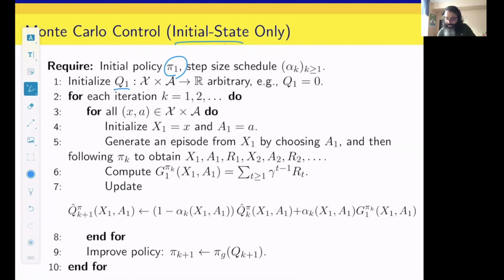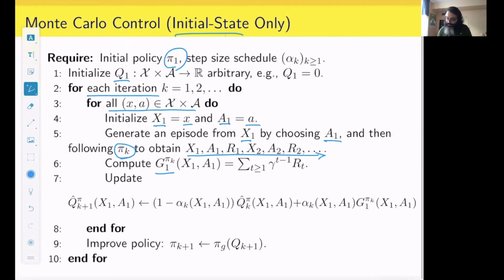For each iteration k, for all state-action pairs, I initialize X1 equal to x, A1 equal to a, and generate an episode from X1 by choosing A1 and then following pi k, to obtain a rollout. And then I compute just the return at the first time step. So this is the initial state version, so I only use it for the initial state.